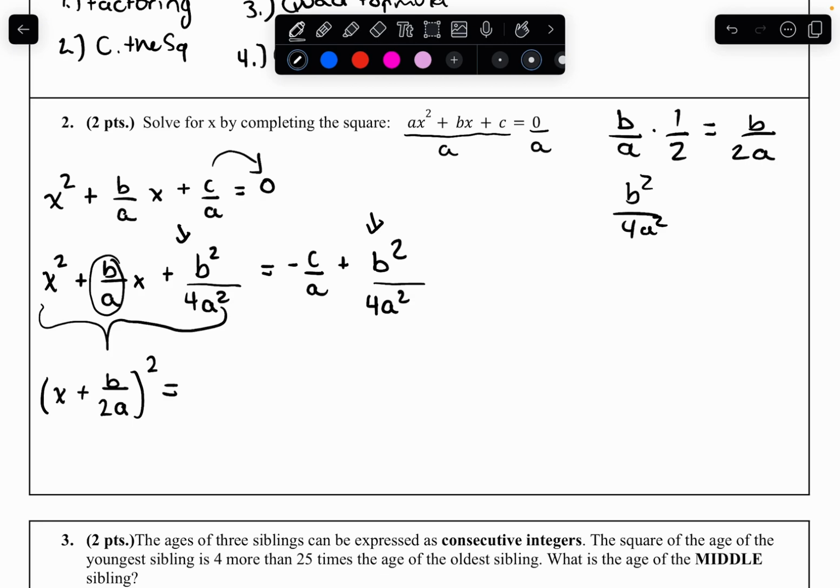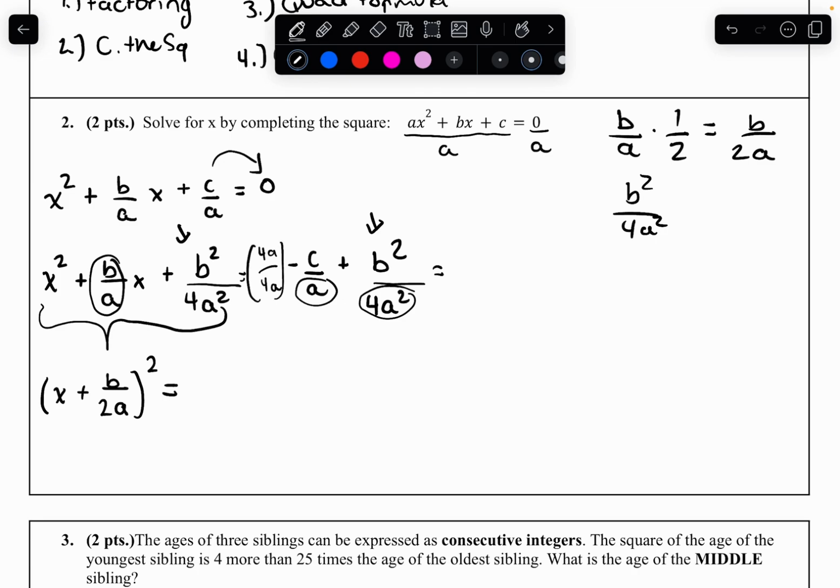squared is equal to, notice that I'm adding fractions, right? And my fractions at the current moment do not have the same denominator, so I need to make that happen. To do that, I'm going to multiply the numerator and the denominator by 4a, because if I do that, then both denominators will have a value of 4a squared.